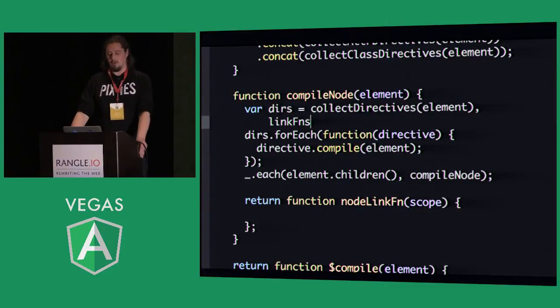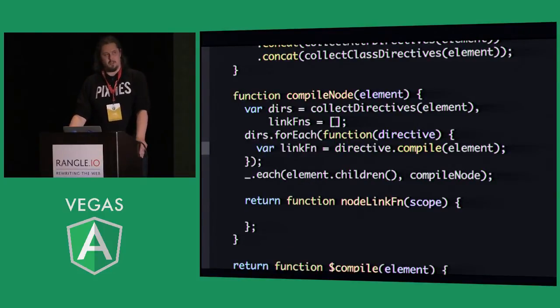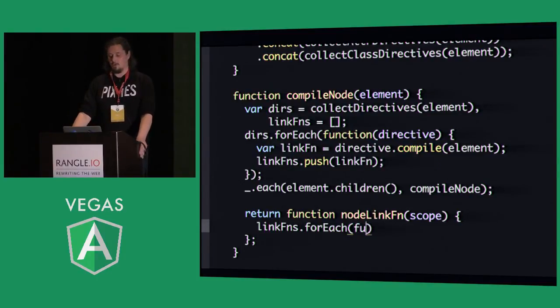So we'll introduce another array here called link fns. And into this array, we can collect the link functions. And we get them by grabbing the return values of those compile calls for those individual directives and put them in this array. So when we're done, we have this array of link functions, one for each of those directives. And when we have that, once we get to the linking phase, we can just call them.